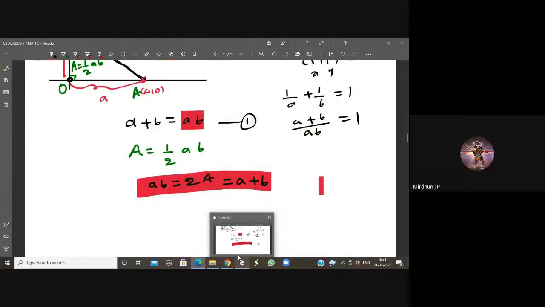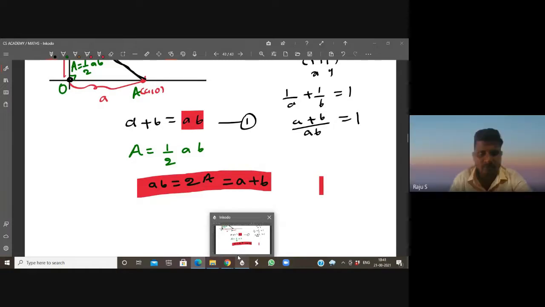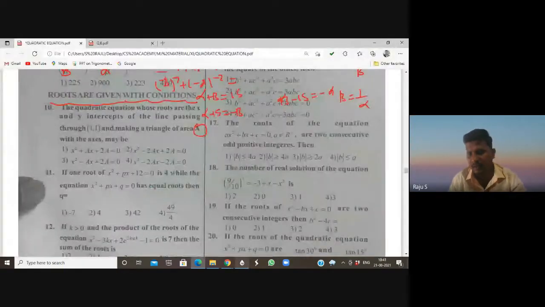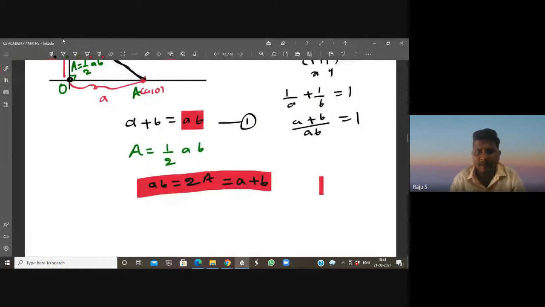Can you show the working, sir? Now substitute the values, you'll get the answer.